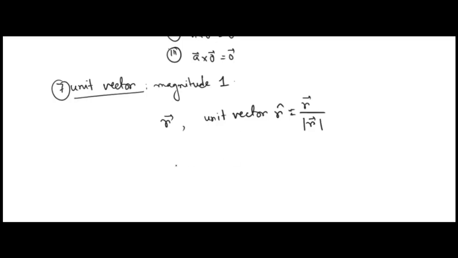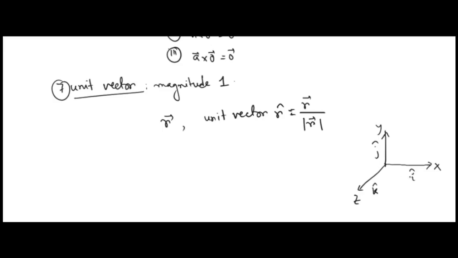That means x axis, y axis and z axis. In Cartesian coordinate system, the unit vector along x-axis is i cap, along y-axis is j cap, and along z-axis is k cap.